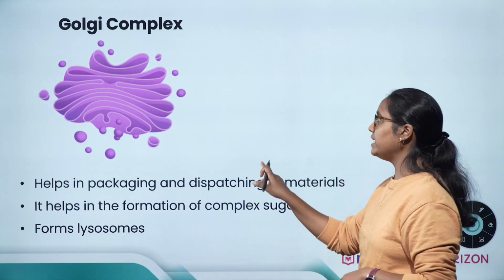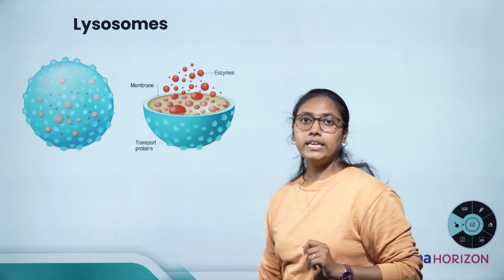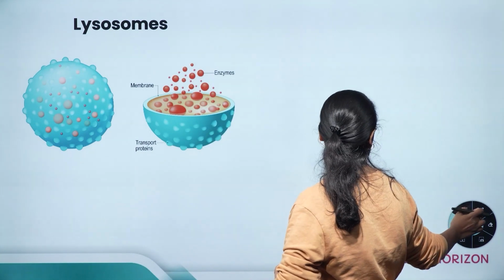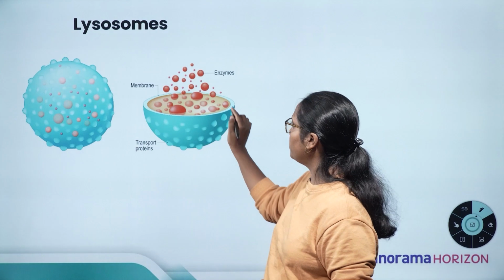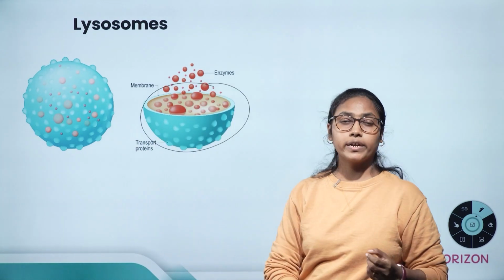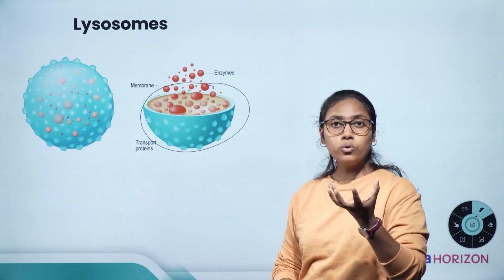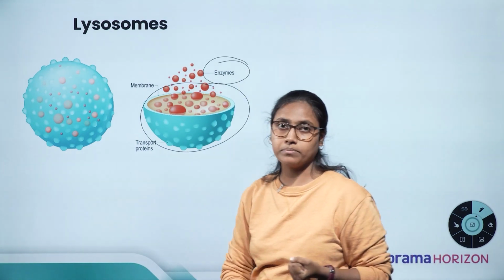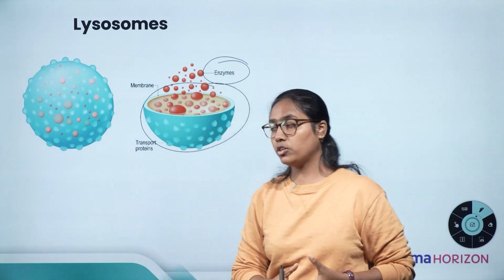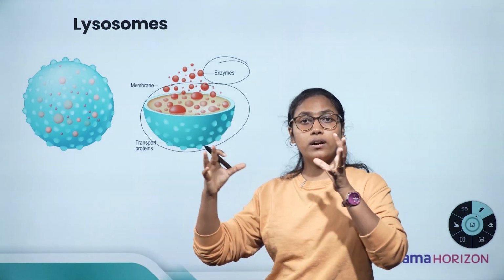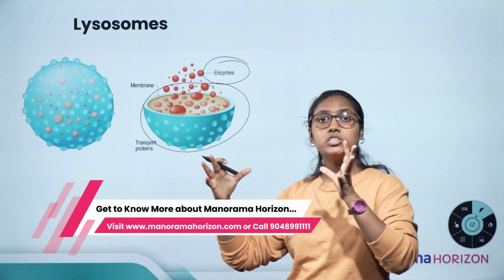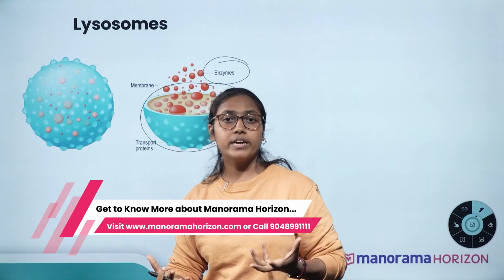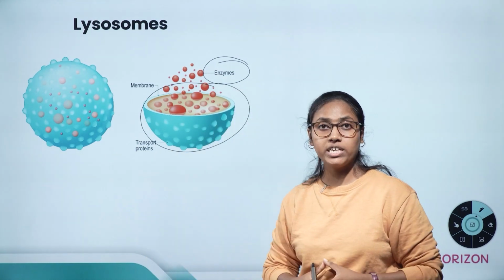So next we'll be seeing what are lysosomes. Lysosomes are small circular organelles, and in this organelle you will be finding lots of digestive enzymes. Whatever damaged materials reach it, it helps to digest those damaged materials.